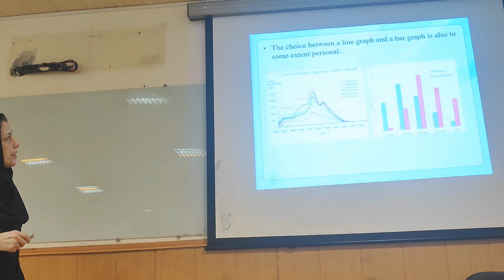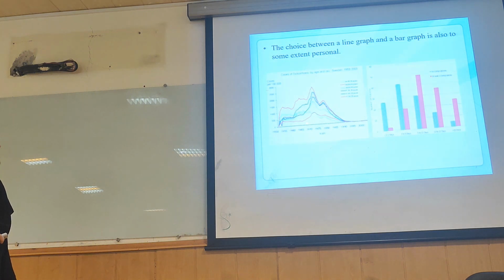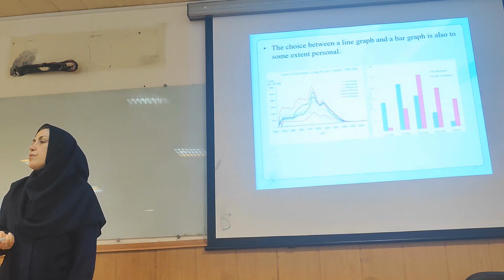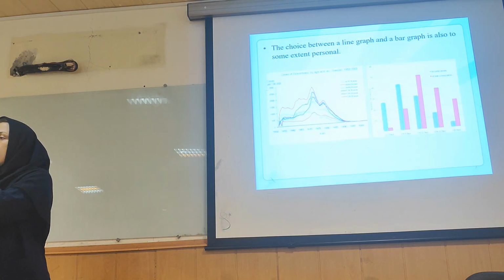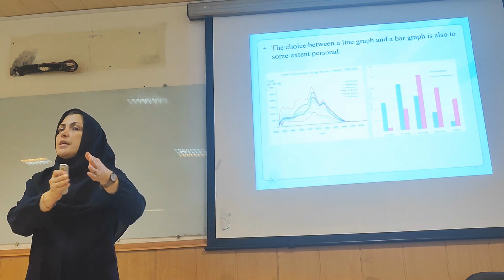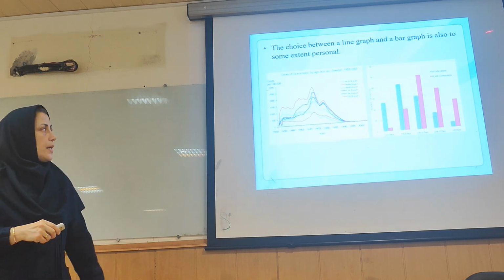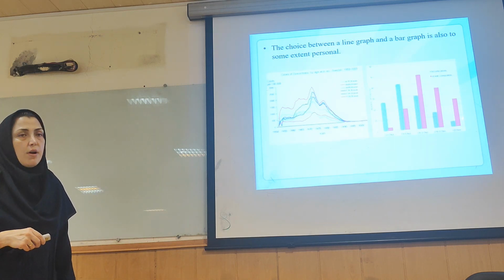Yes? Here you can see two types of graphs. It is a bar graph, bar chart, and it is a line graph. When you have different categories, for example, men, women, or for example, 3 different categories of ages, okay? You can use a bar graph.